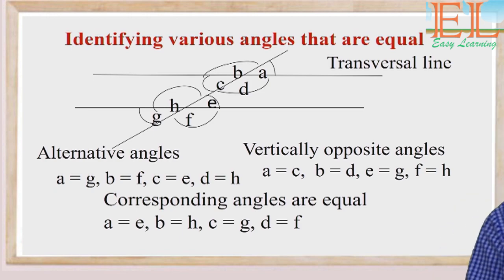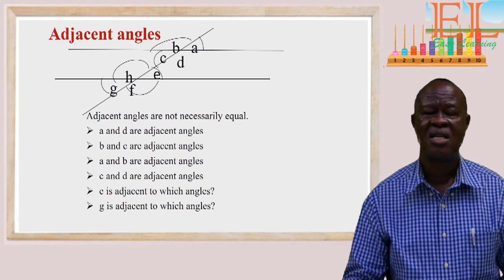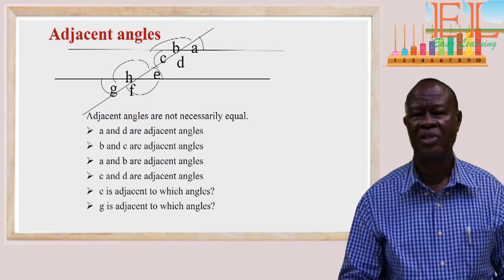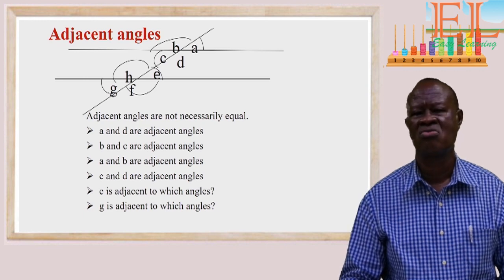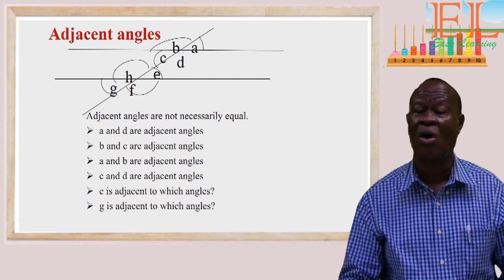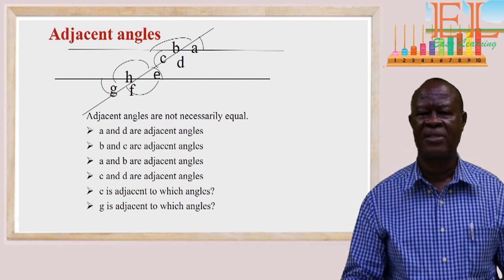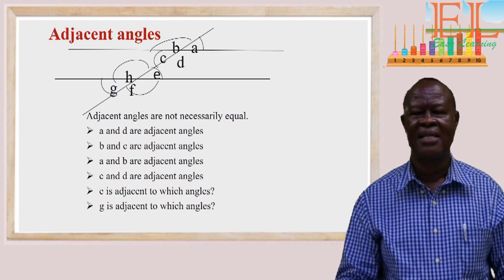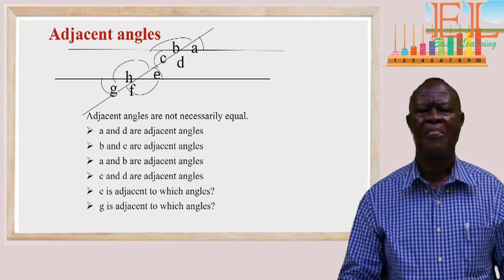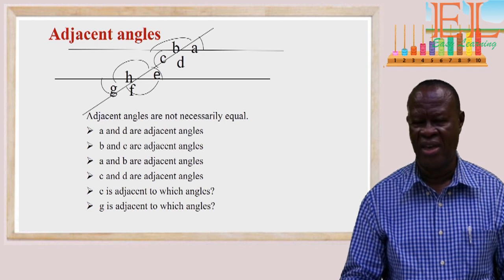Now we look at adjacent angles. Adjacent angles are simply two angles that are close to each other. They may be equal to 90 degrees, they may be equal to 180 degrees or any angle, so long as they are adjacent to each other. So we can say that adjacent angles are not necessarily equal. Now A and D are adjacent. We can see over there.